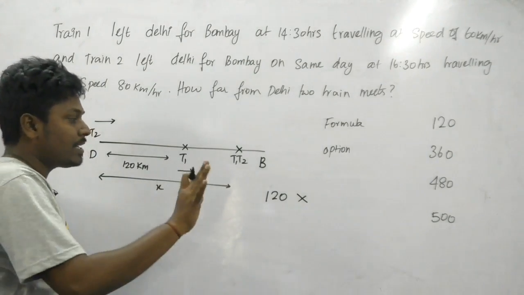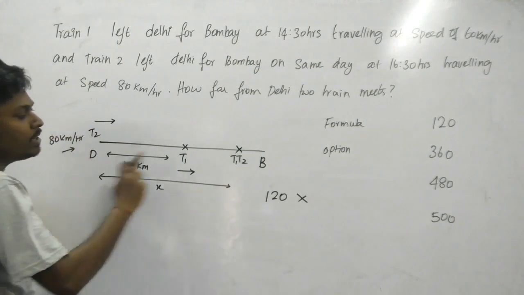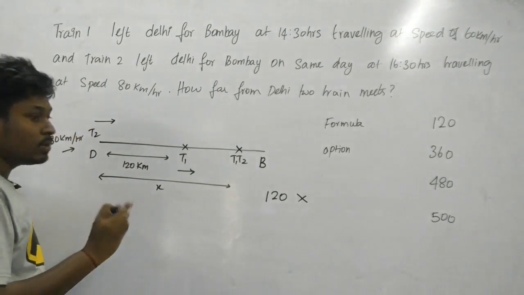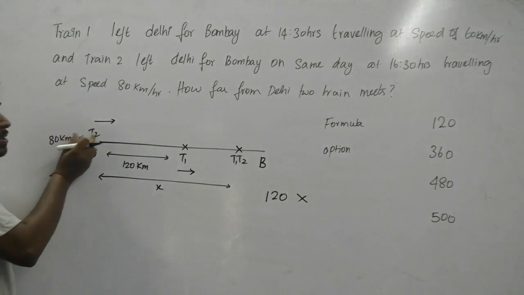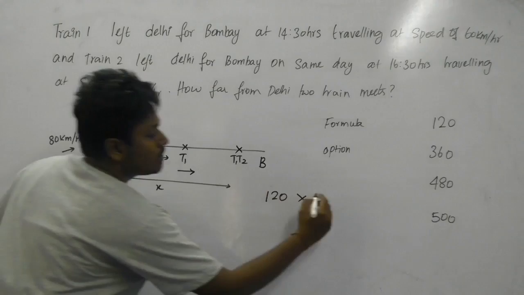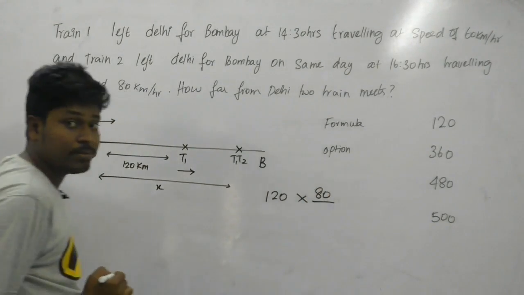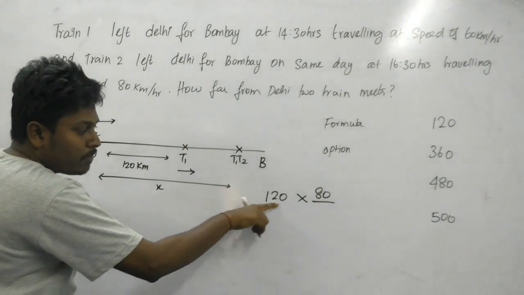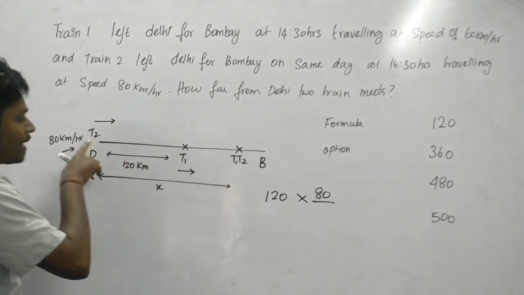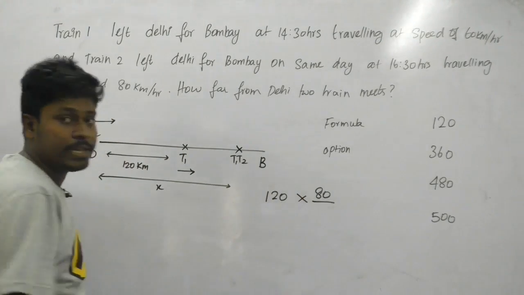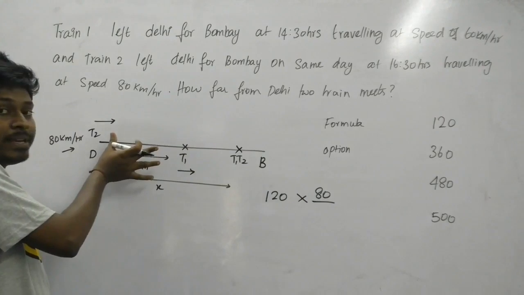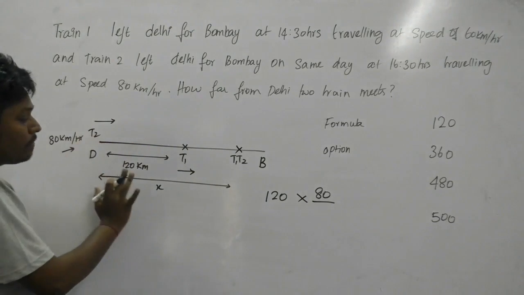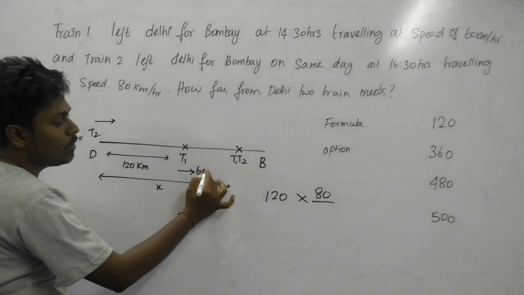Why? Because our target is to find the distance from Delhi to the point where both trains meet. So if we need to concentrate here, the train going to start is train 2, right? So train 2 is 80 kilometers. Understood why I have done this? This is the gap of 120 kilometers. We should target train 2. Train 2 is 80 kilometers. If both the trains are moving in the same direction, subtract their speeds, which is called the relative speed: 80 kilometers, and this train 1 will be 60 kilometers per hour.